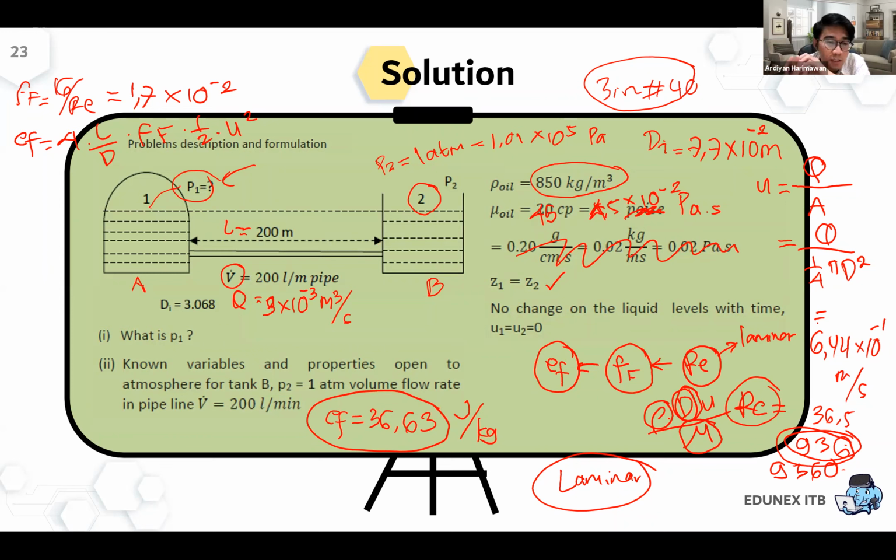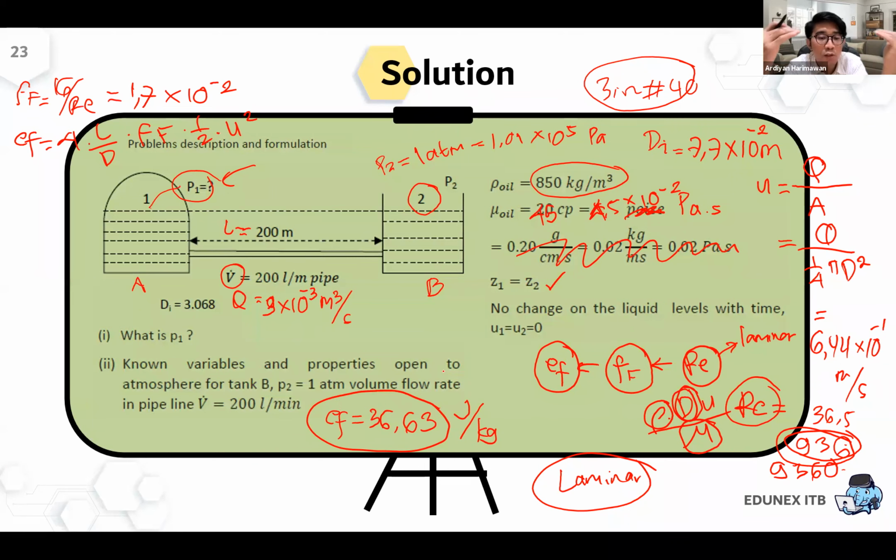During the flow, the oil will release some energy loss to the environment in terms of heat. You calculated the value, 36.63 joule per kilogram. So during the flow there will be some energy loss, and then it will fill tank B until a certain position, and then it stops. It's steady. At the steady condition, from the information, the level of both tanks is the same.